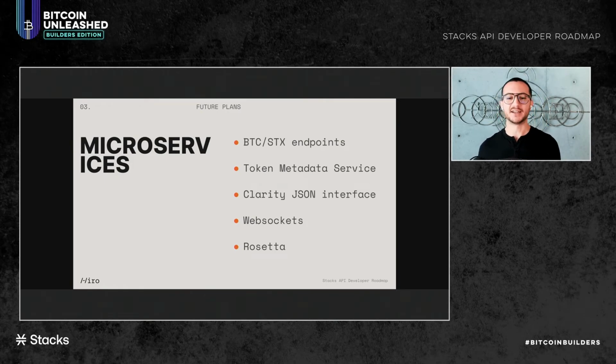Next, we're adding a great set of endpoints that will allow you to interact with Clarity via JSON only, which means right now, if you want to call a function on a contract, you need to first encode the arguments to a Clarity value and then send that value into a node. So this service will allow you to do this via JSON only and also give you the results in JSON.